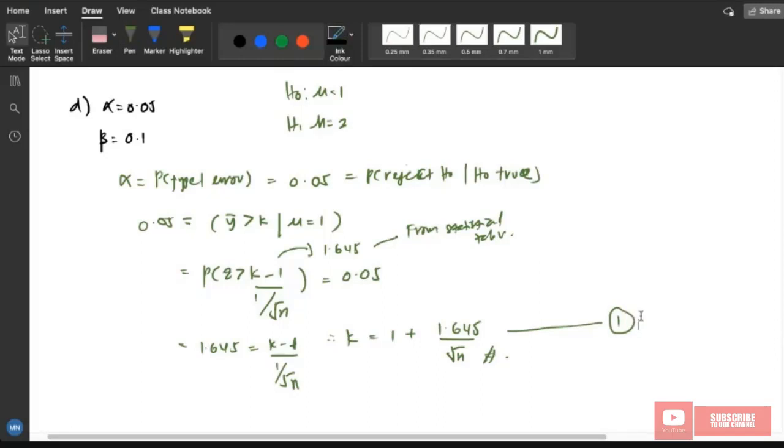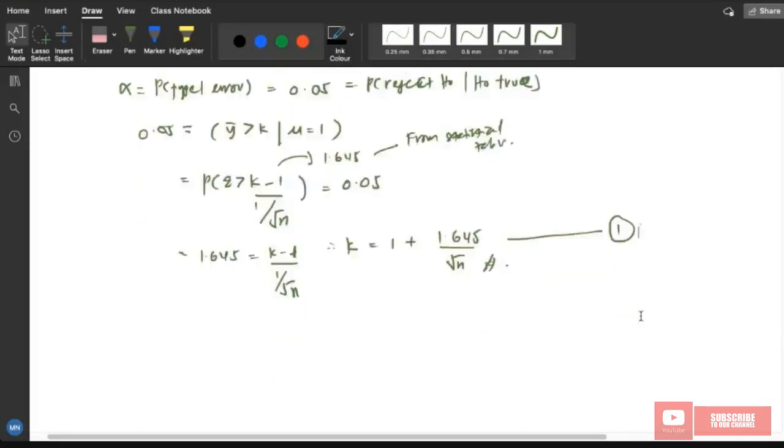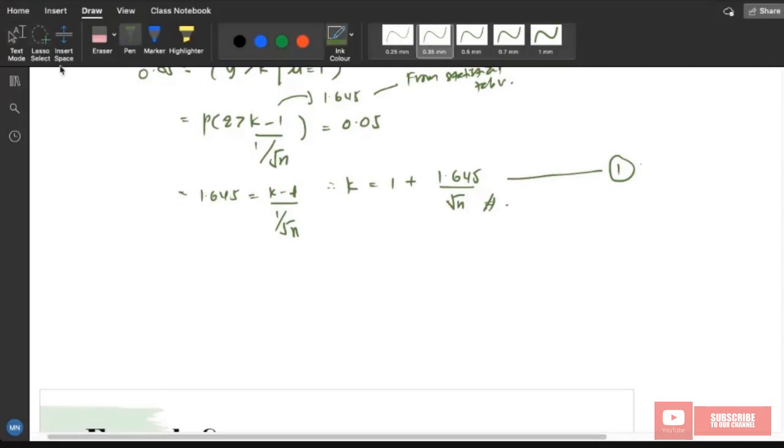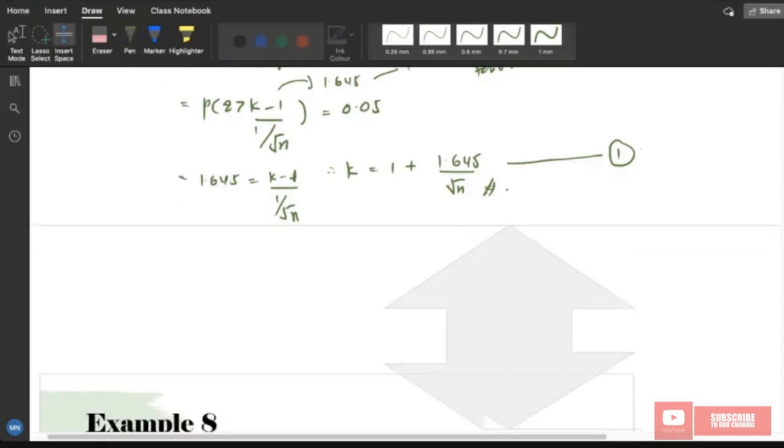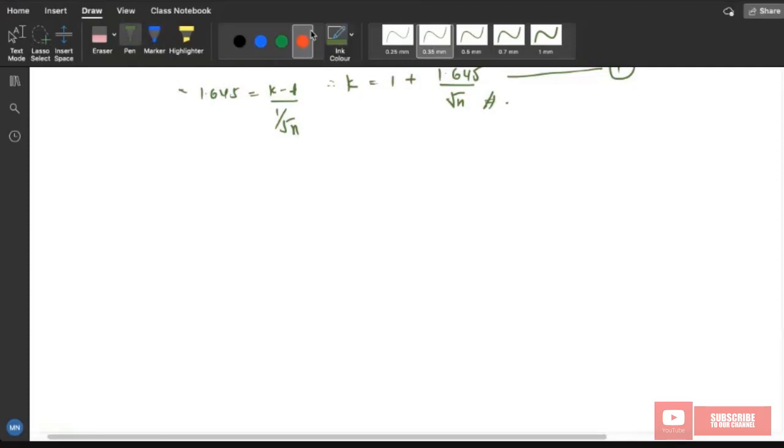Because we want to find n and k, right? So now, next step, we're going to use beta equal to 0.1. So let's say beta equal to 0.1. This is the probability of accepting the null hypothesis when the null hypothesis is false, right?